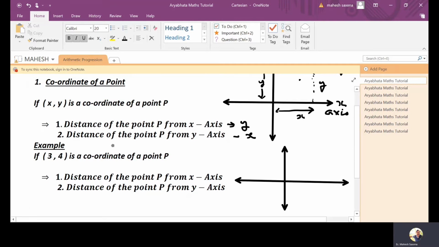For example, if 3 comma 4 is the coordinate of point P, then the distance of the point P from the x-axis is 4, and the distance of the point P from the y-axis is 3.